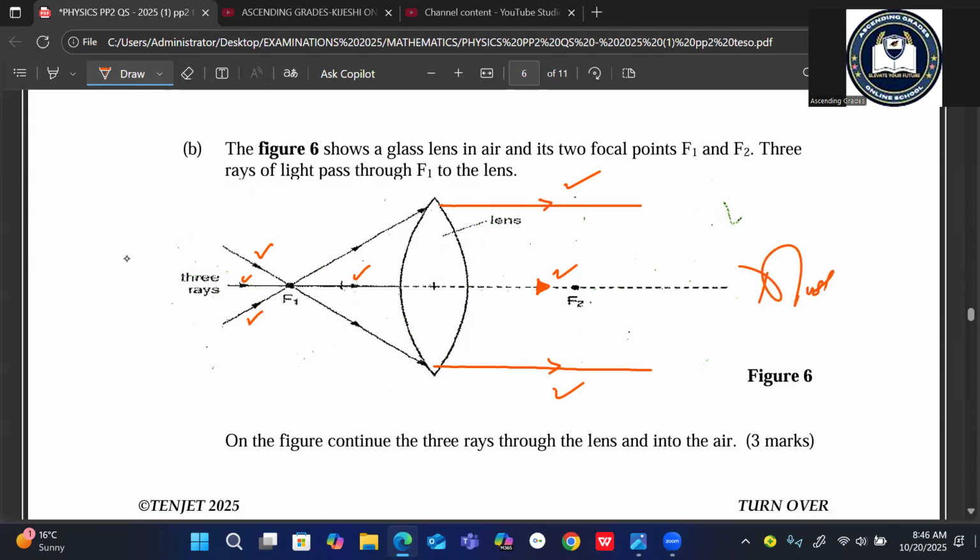Must indicate the direction. We can move to the next part.